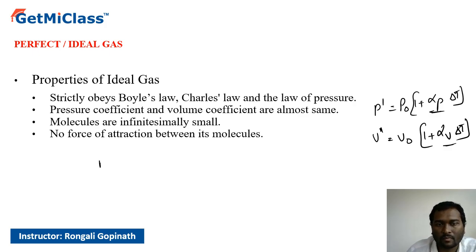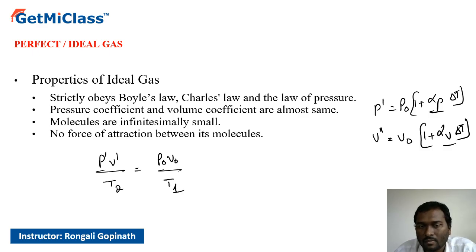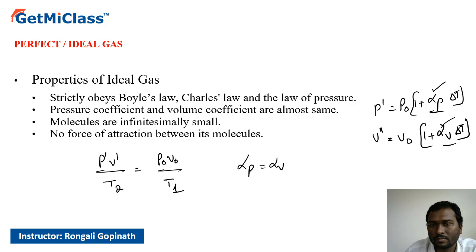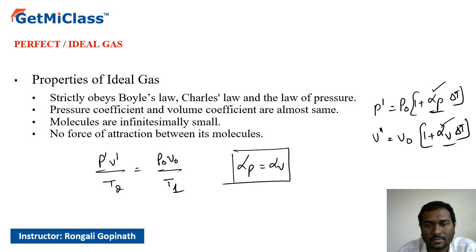Because P dash V dash by T2 is equal to P naught V naught by T1, isn't it? So as long as this is satisfied, this alpha P and alpha V should also be the same. Right, that is the condition for an ideal gas equation, isn't it? That's why pressure coefficient and volume coefficient are almost the same.